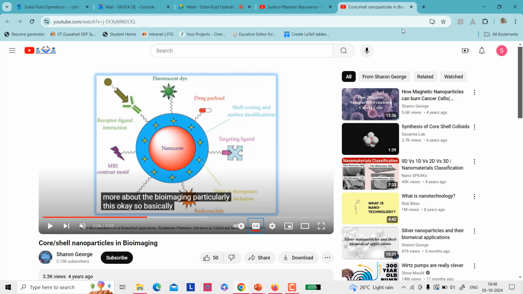Write about the applications of nanoparticles. They are used widely in all fields in our everyday life. That is in cosmetics and sunscreens.